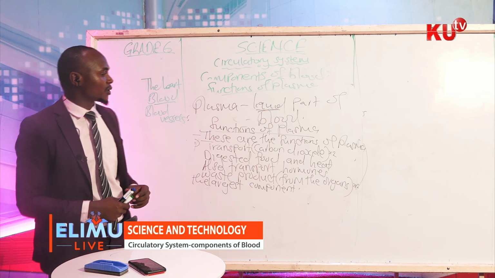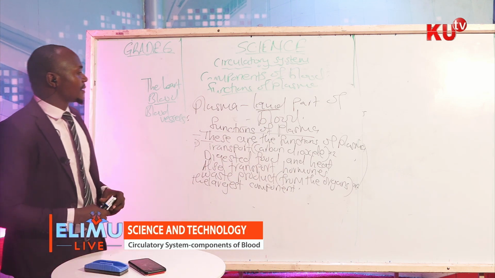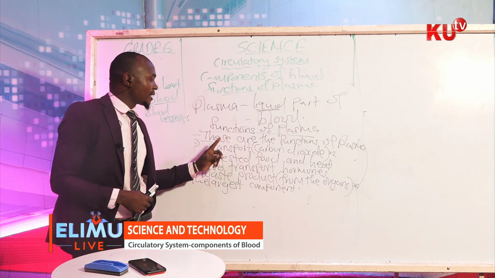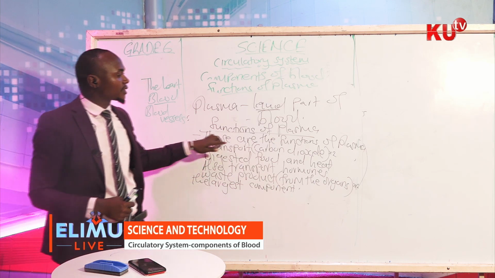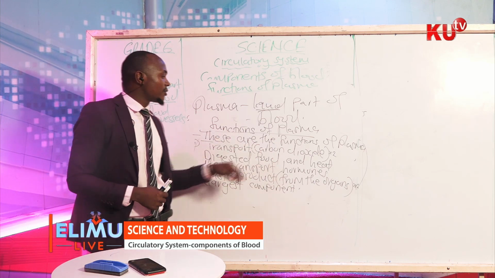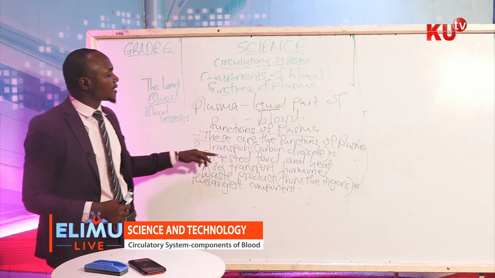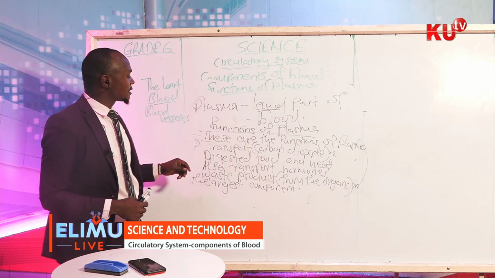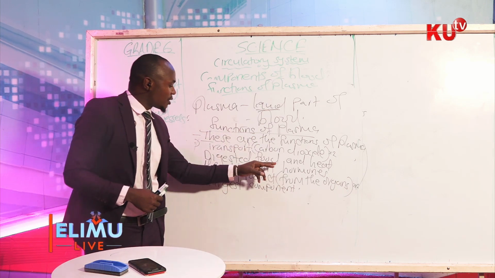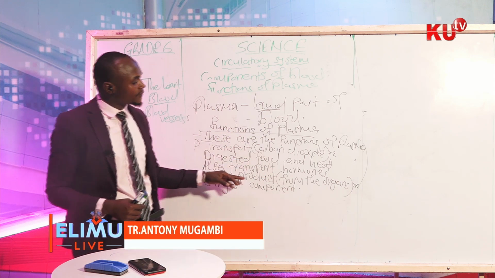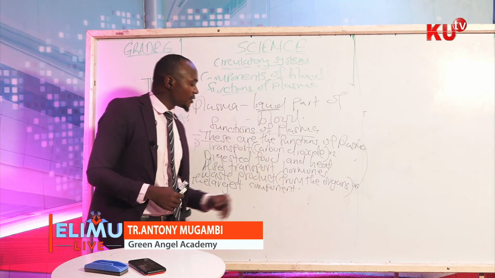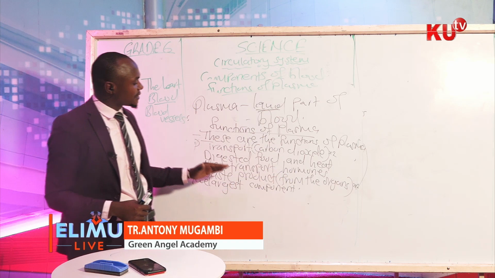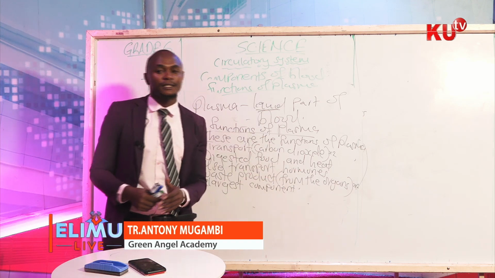Now we can sing together, learners. These are the functions of plasma: transport carbon dioxide, digesting food and heat, also transporting hormones, waste product from the organs, the largest component.